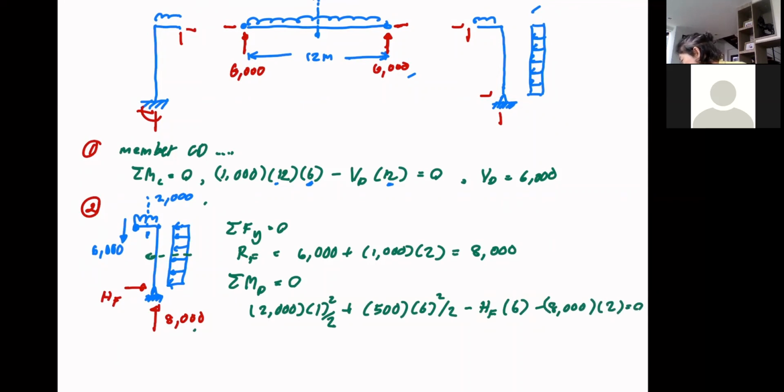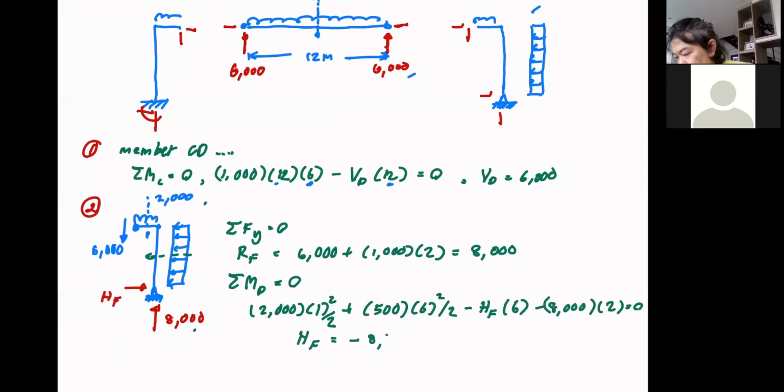So we know that in fact, HF turns out to be minus 833.